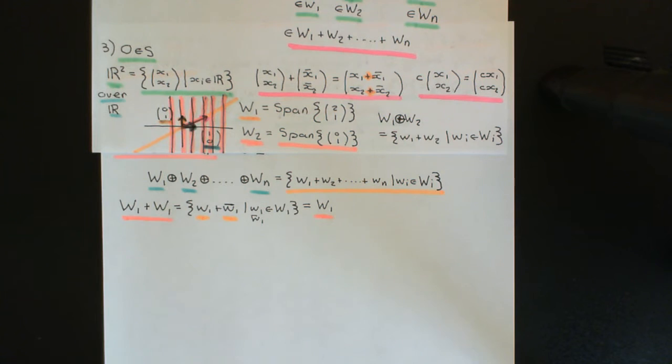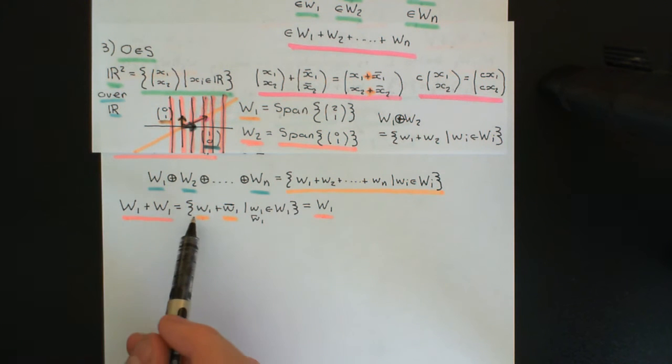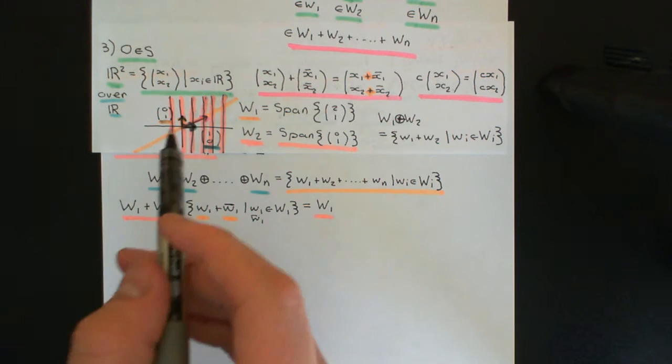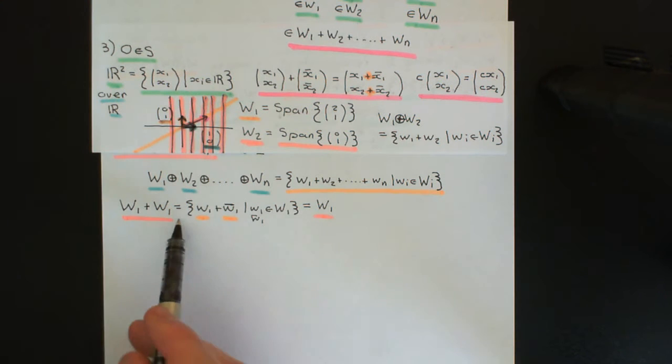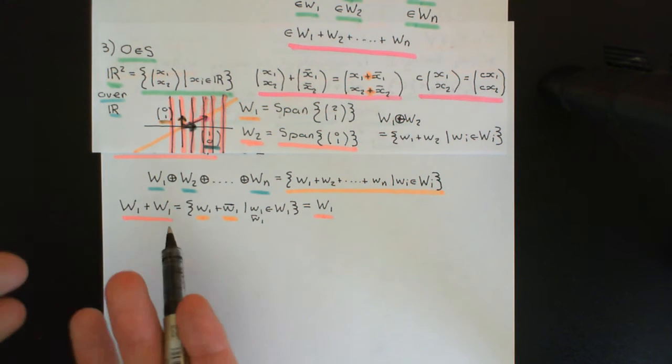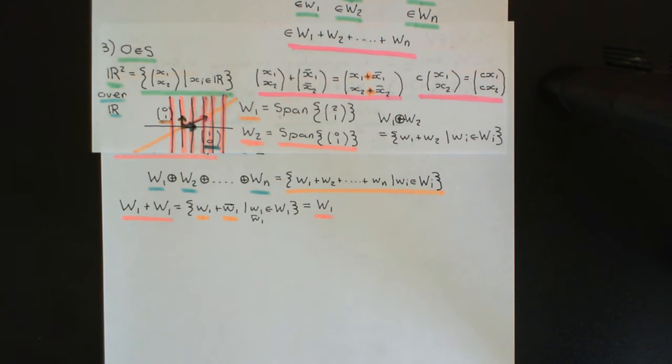It's far more interesting and far easier to characterize if you are summing together independent subspaces, because then what we know is that all the different combinations of vectors that you can choose from the different subspaces are going to give you different vectors in the vector space, so you don't have any degeneracies. The problem here is that you're going to have loads of different combinations which are all going to give the same answer, and that's why this set hasn't got any bigger basically than the original subspaces that you were adding together.